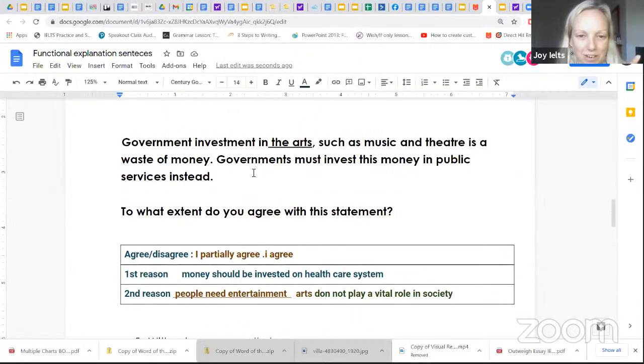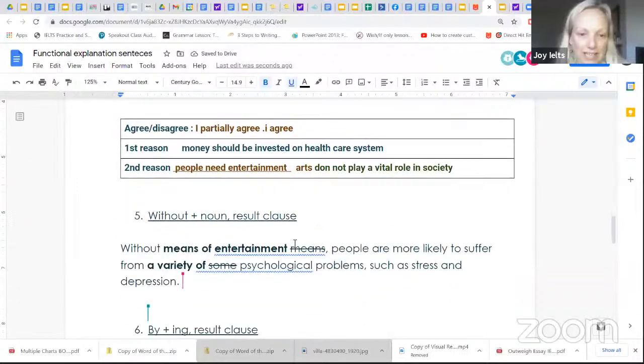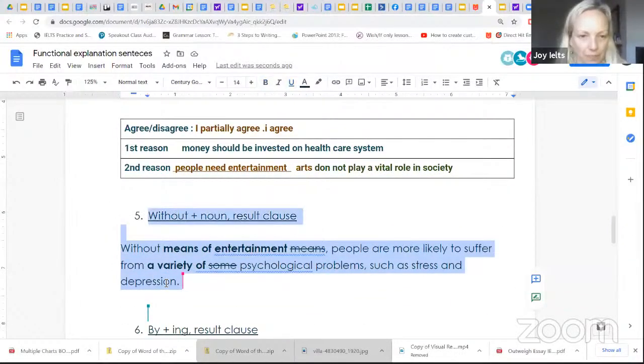Okay, now, so that was people need entertainment. Now, the question was, governments must invest this money. Which money? Money from the arts. So we're going to use this by structure.